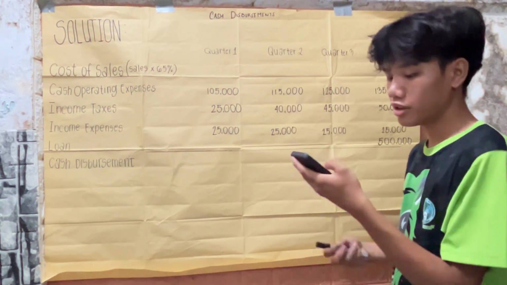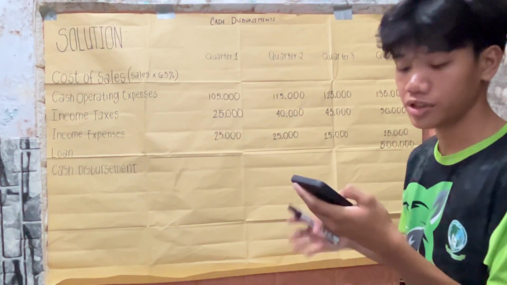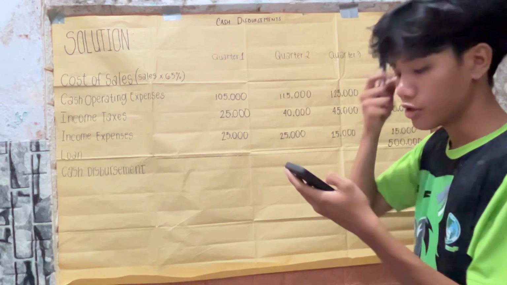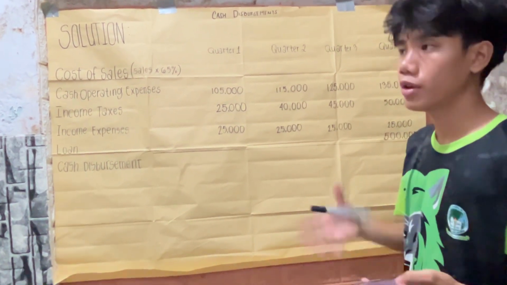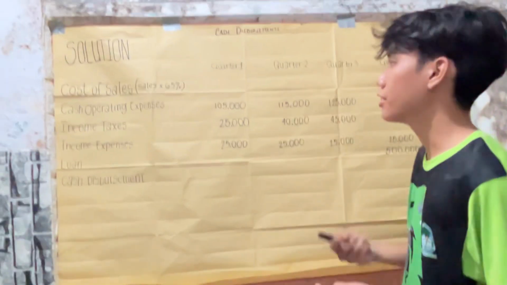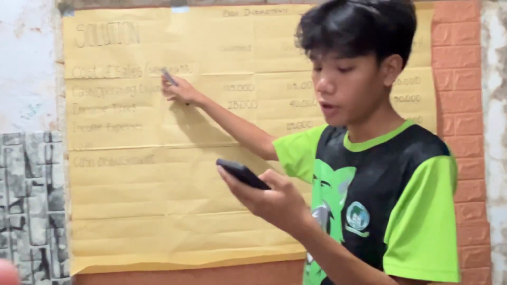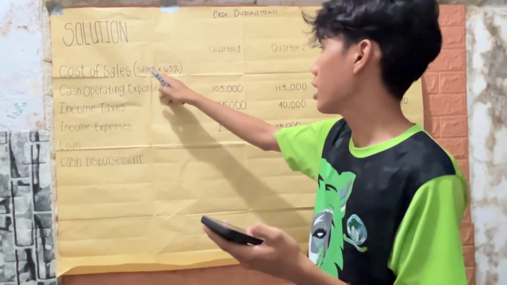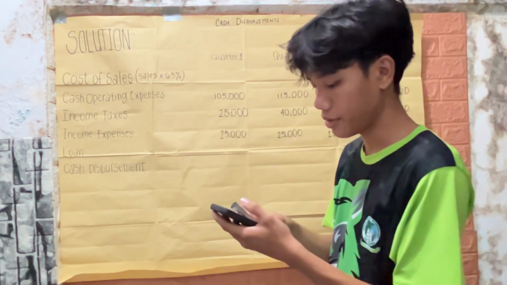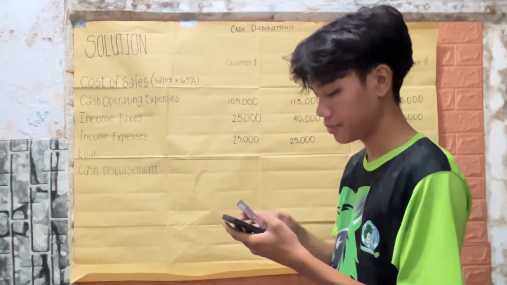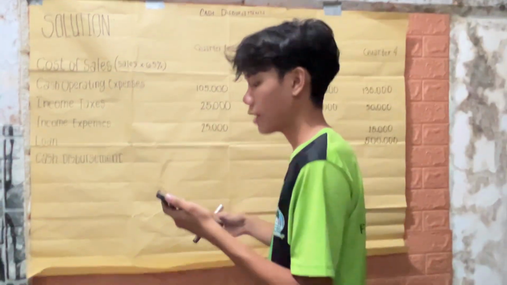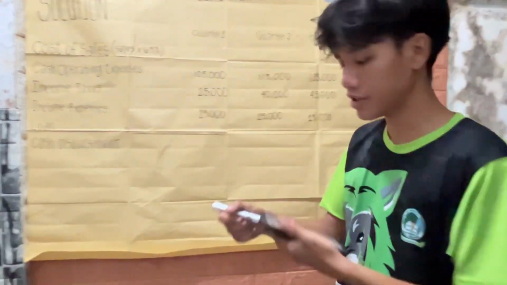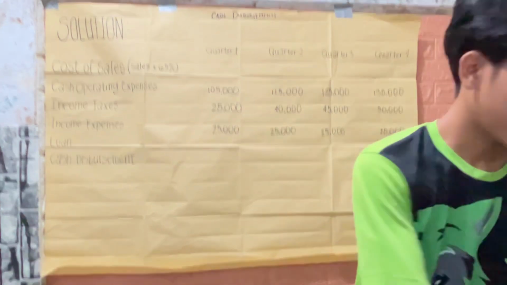The projected quarterly sales from the cash receipts for quarter 1 is 1,212,000, which we solved earlier. So we have 1,212,000 times 0.65, which is 787,800.